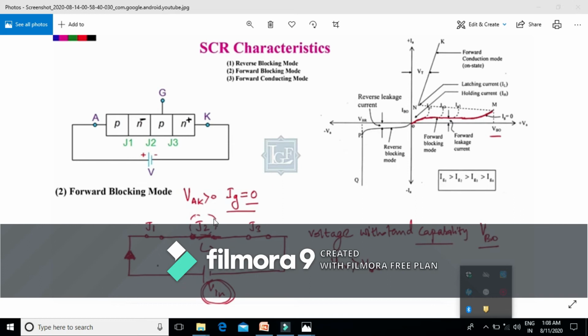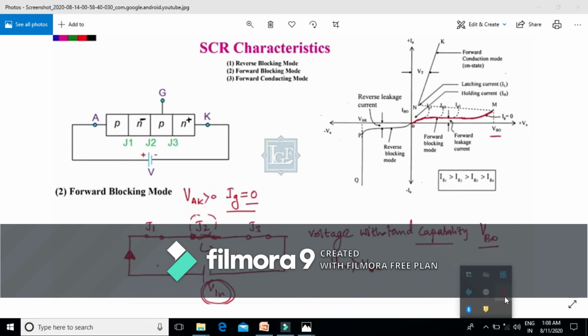Thus, increasing this forward voltage over this breakover voltage is not the safest method of triggering. In the next slide, we are going to study the safest method of triggering or turning on of SCRs. I'm going to explain that in that slide.